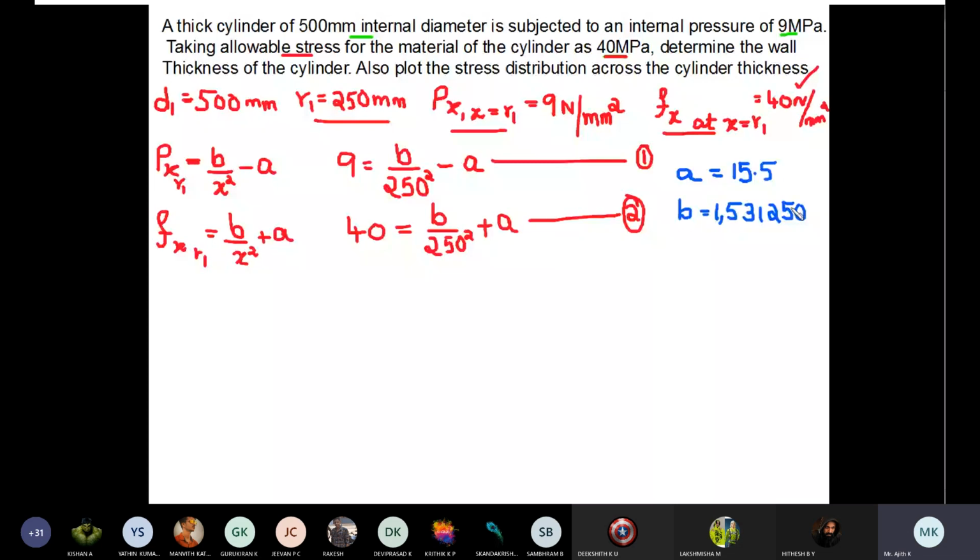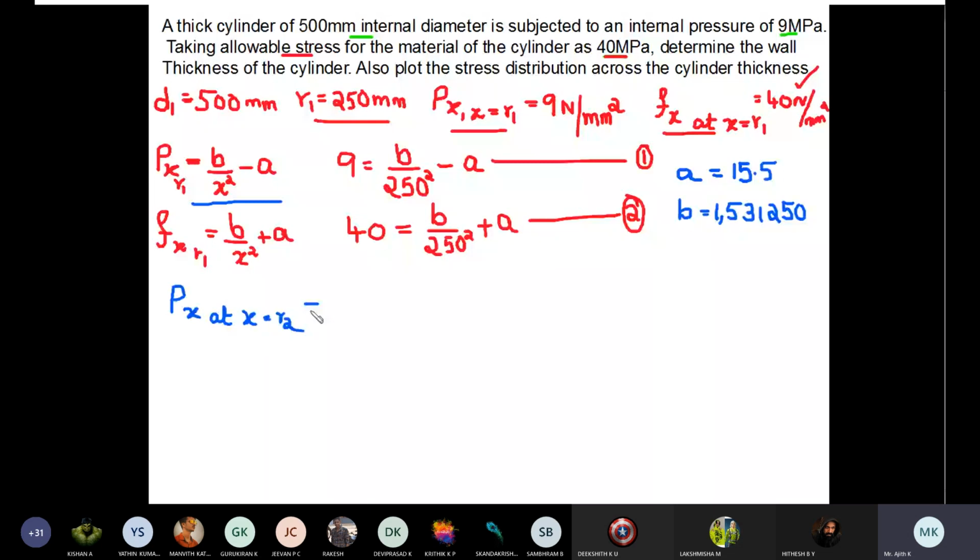Px value at x equal to R1, Px value at x equal to R2, and Px value at x equal to R mean. So we'll calculate the Px value at x equal to R2.